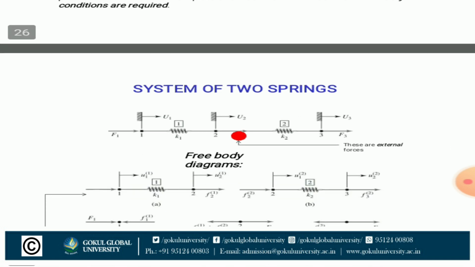In the next slide, a system of 2 springs is connected by 2 elements. Here you can see the forces F1, F2 and F3 represented in the free body diagram, and U1, U2 and U3 represented as linear displacements. These are the external forces acting on nodes 2 and 3.